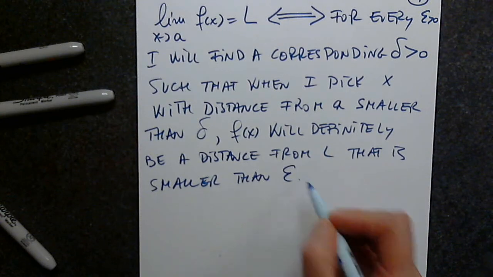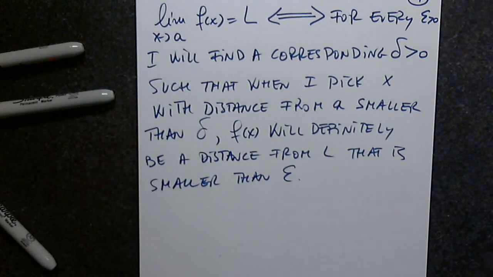Thanks. That's it. So for every epsilon positive, I will find a delta positive such that when I pick x with a distance smaller than delta away from A, its corresponding f of x will be at a distance from L smaller than epsilon.